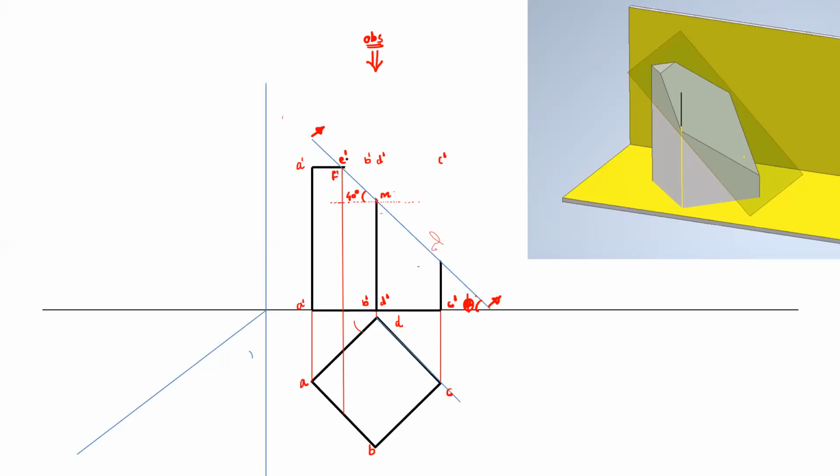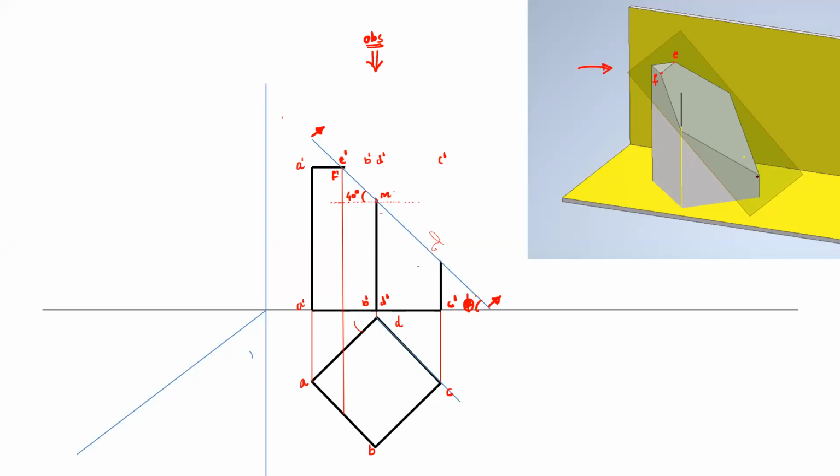So I have taken 2 points. You can observe in three dimensions, we will get 2 points on the top base. Let us take this point as E and this is F.